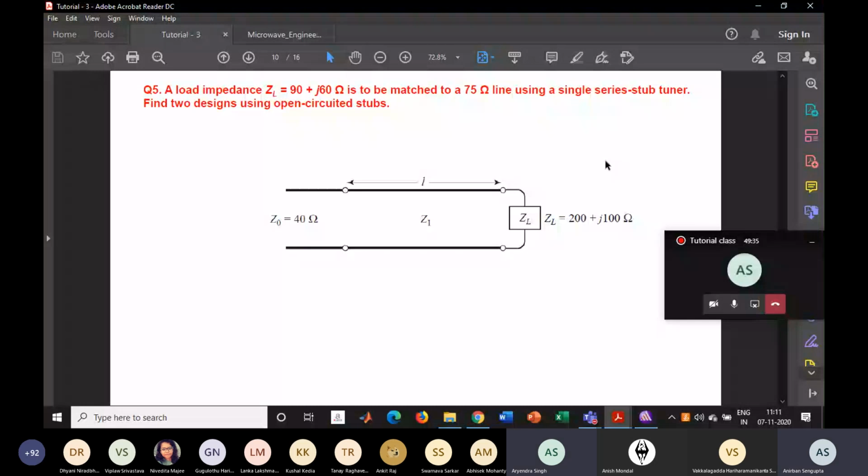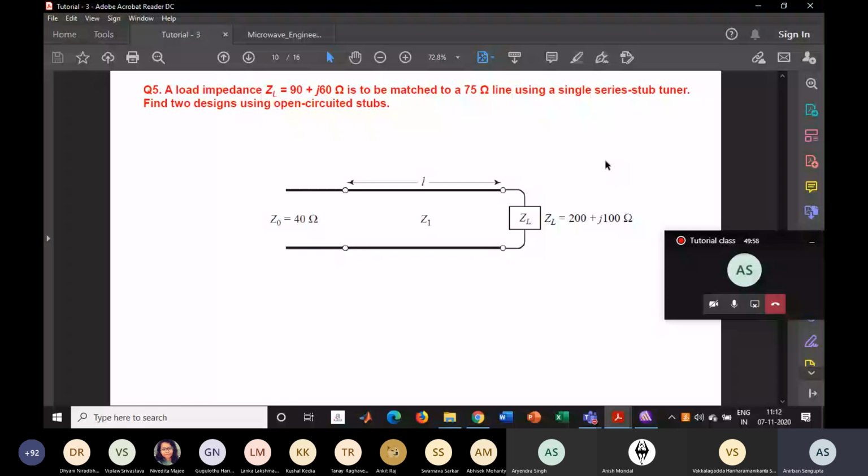Normally, if you find any Smith chart in the market, you will get the impedance and admittance charts in the same Smith chart. Otherwise, if you take this impedance Smith chart, then for the shunt stub case, you have to first draw the G equals to one circle accurately.